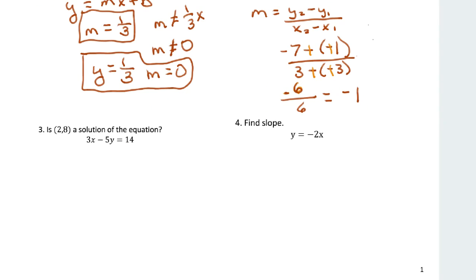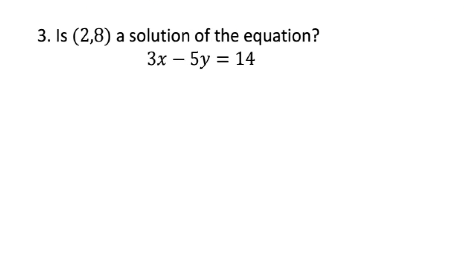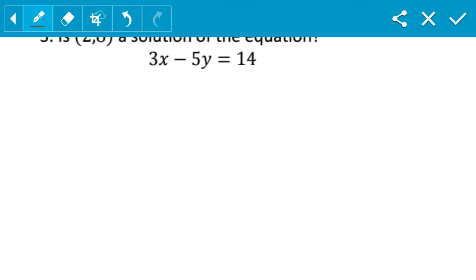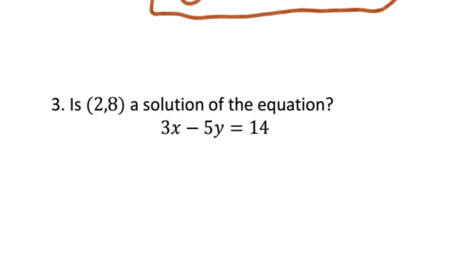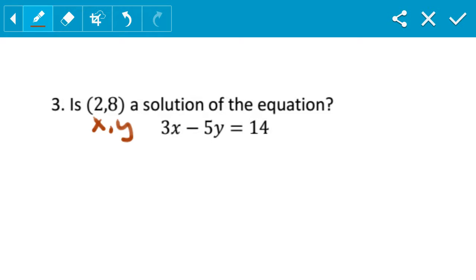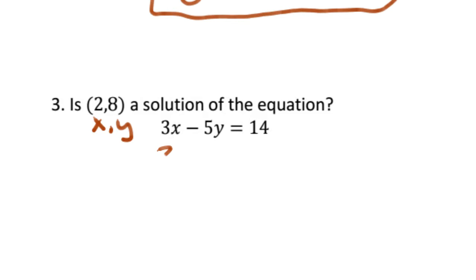Now let's look at problem number 3. Is 2/8 a solution of this equation? The way you do that is you plug in your x and y. So 2 is the x and 8 is the y. We have 3x, which is 3 times 2, minus 5y, which is 5 times 8.